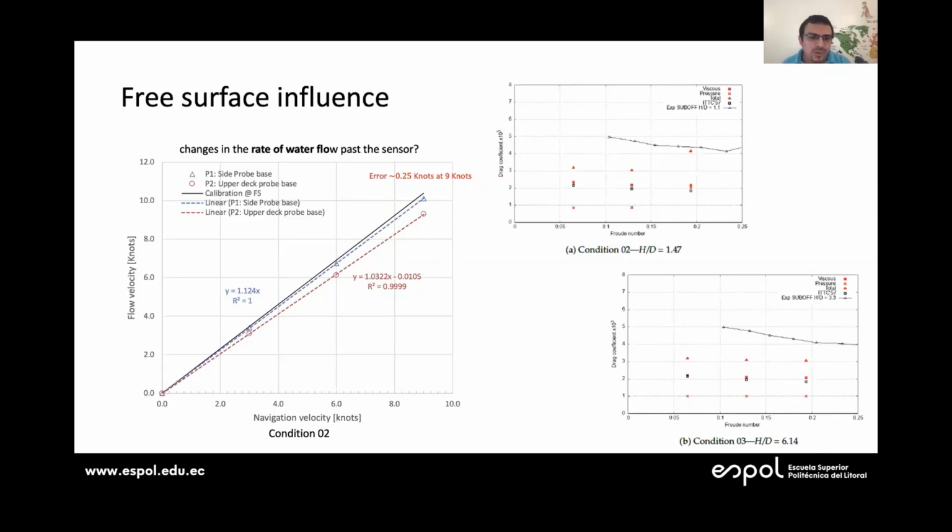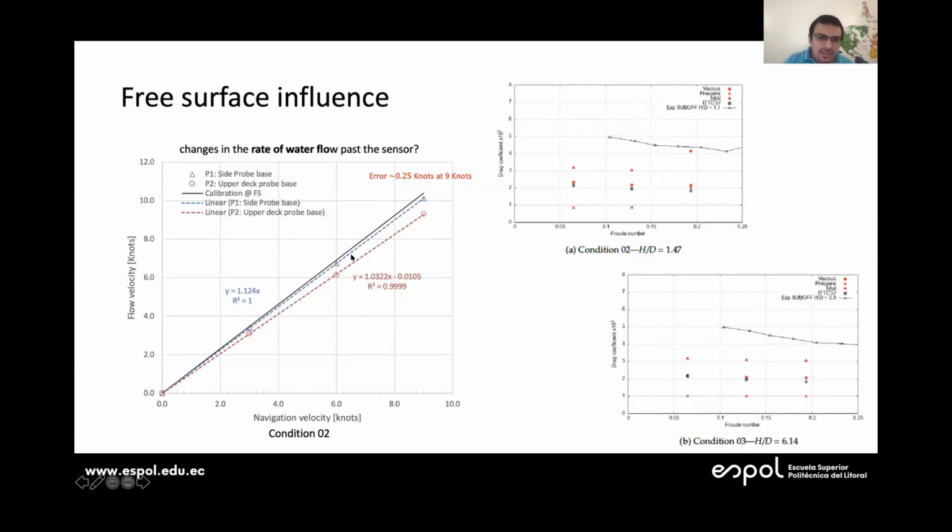So we proposed to change some things in their calibration procedure in order to include this free surface effect, especially because they have two probes. The one on the side is the blue line, and the one on the upper deck is the red one.